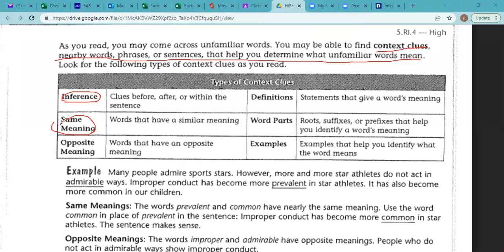So if I say it is a bright day outside, instead of saying bright, I can say sunny. I can also use, it's stretching it a little bit, beautiful. Or it's a glaring day outside. Any of those kinds of words.